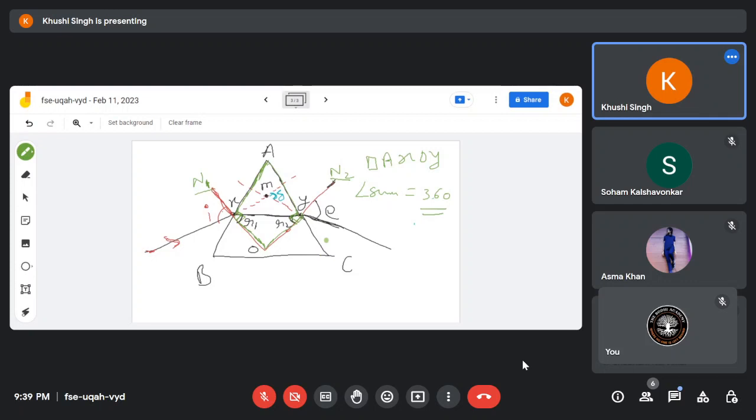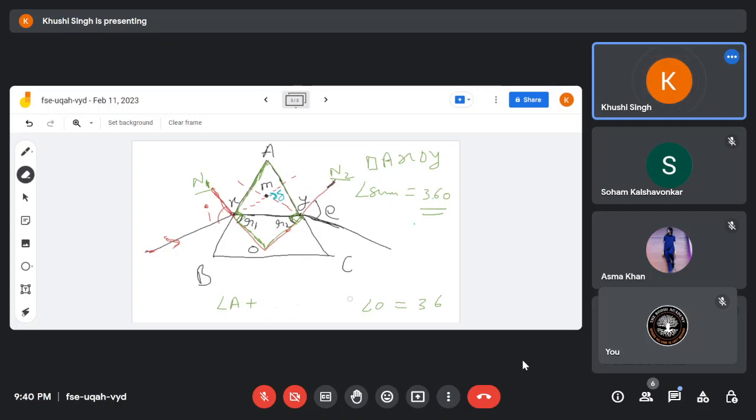That is 180, right? So the total angle in a quadrilateral should be angle A plus angle X plus angle Y plus angle O, equal to 360. Out of which I know X and Y are 180, so I'll directly replace angle X plus angle Y with 180.